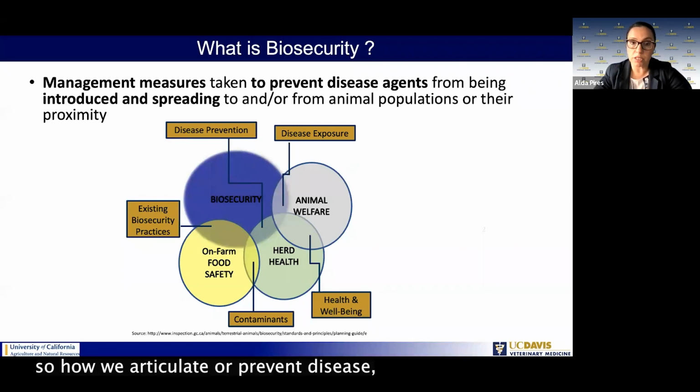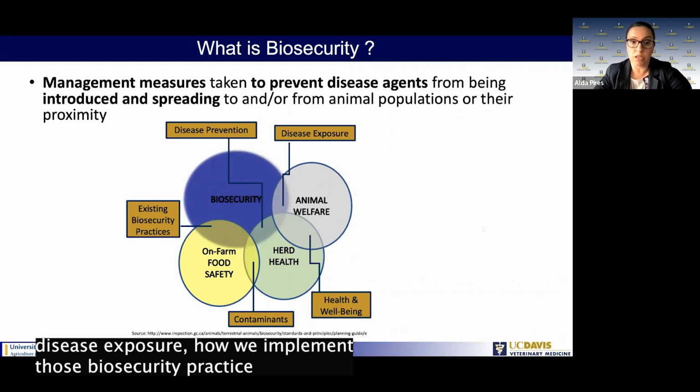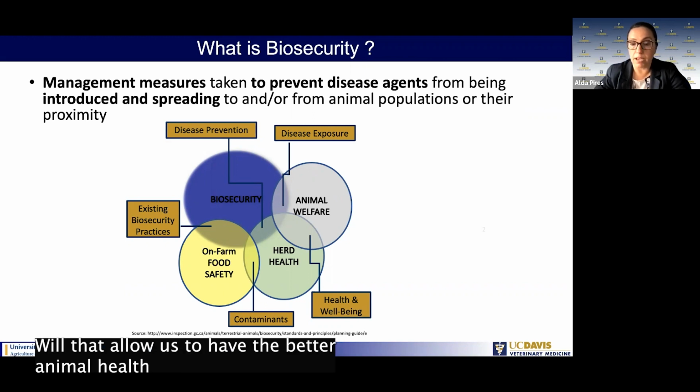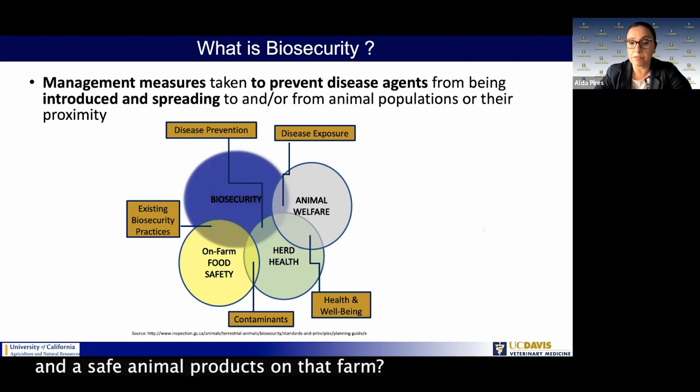How we prevent disease exposure, implement biosecurity practices, and promote the well-being and health of animals will allow us to have better animal health and safe animal products on that farm.